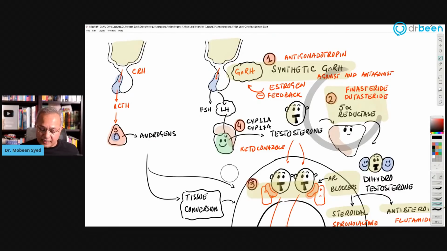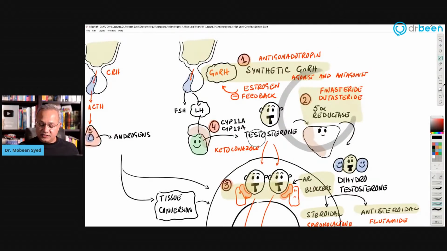What is not happening is that you're giving drugs that are blocking the production of testosterone. So what is not happening is production of testosterone. So you would see testosterone levels are less. So this is testosterone synthesis reducing drugs. So this is the second piece.